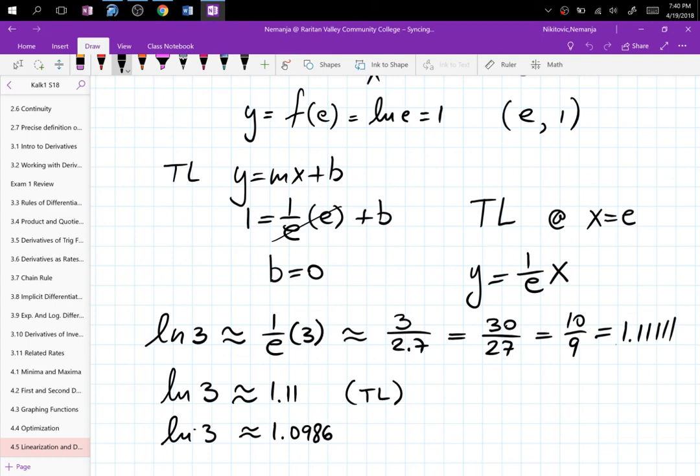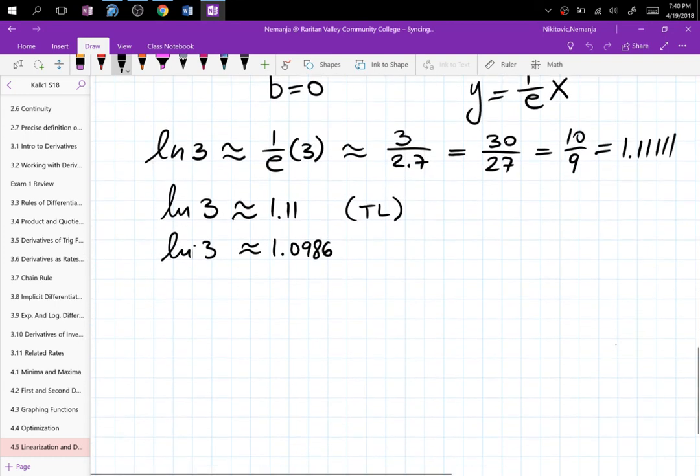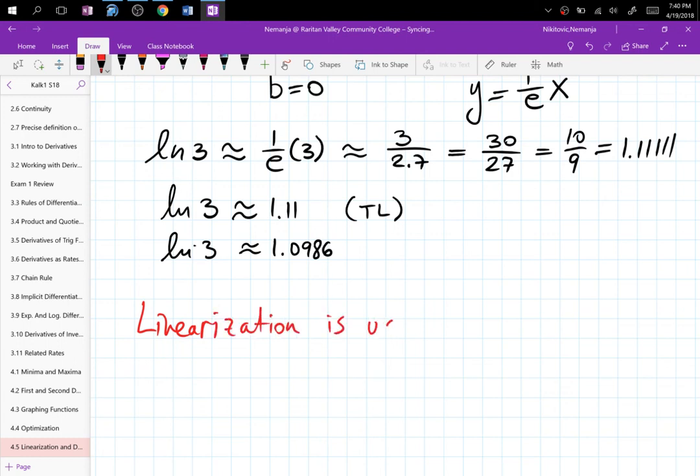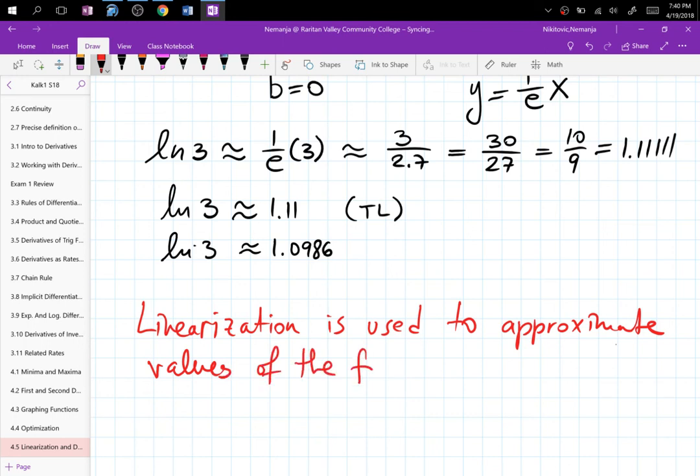So now, a statement in red: linearization is used to approximate values of the function.